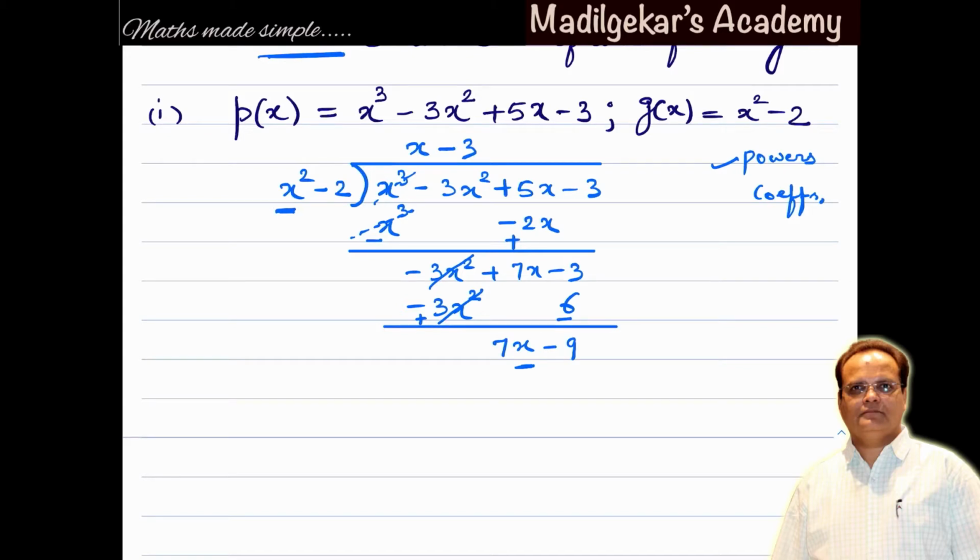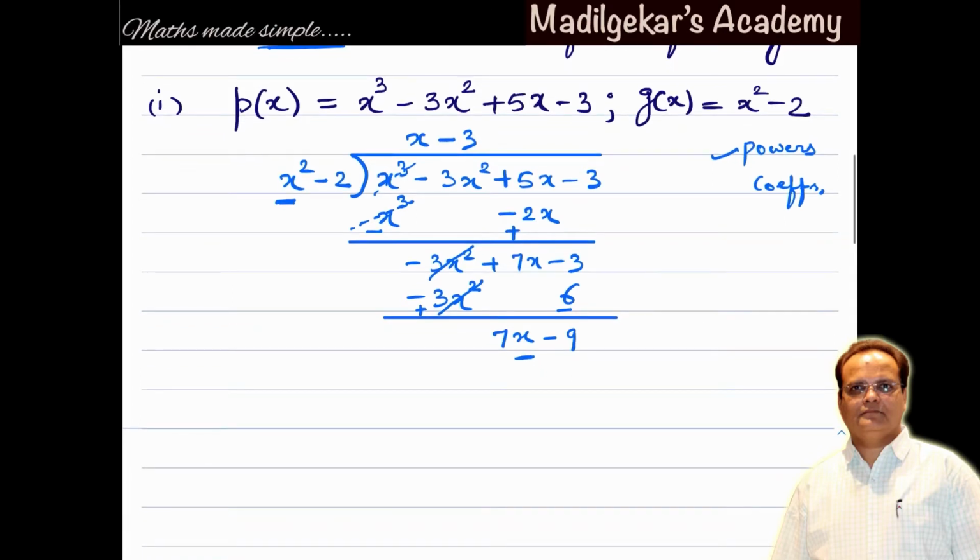You can divide only when the degree of the dividend is greater than or equal to the degree of the divisor. So the further process stops. Here we get the quotient q of x as x minus 3 and the remainder as 7x minus 9. So in this way we can divide a polynomial by another polynomial.